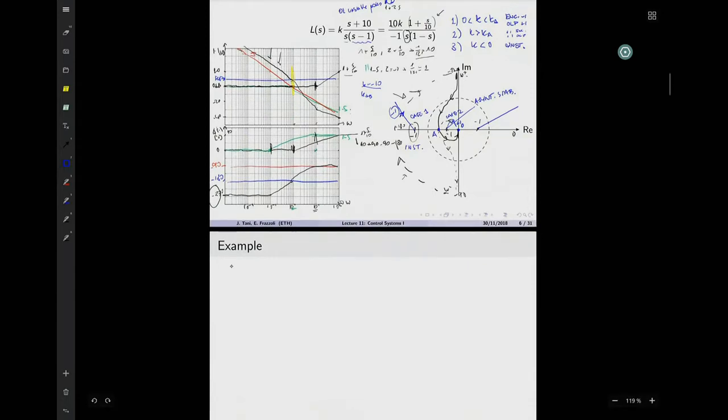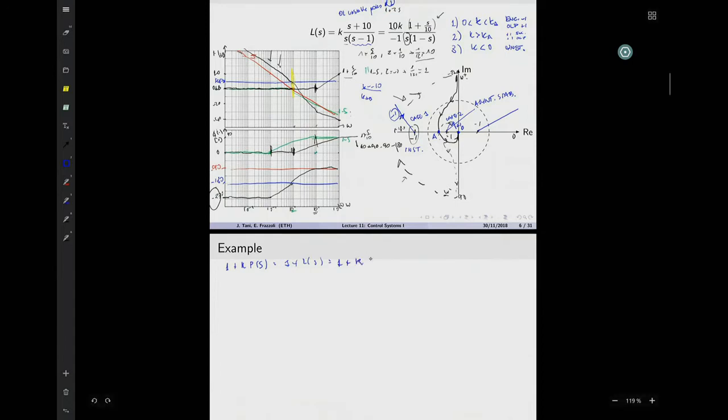Well, remember that what we need to do is study 1 plus Kps, which is the denominator of the closed loop transfer function. This is 1 plus Ls, which is what we have up here. So 1 plus Ls is going to be 1 plus what? What's the form we have?